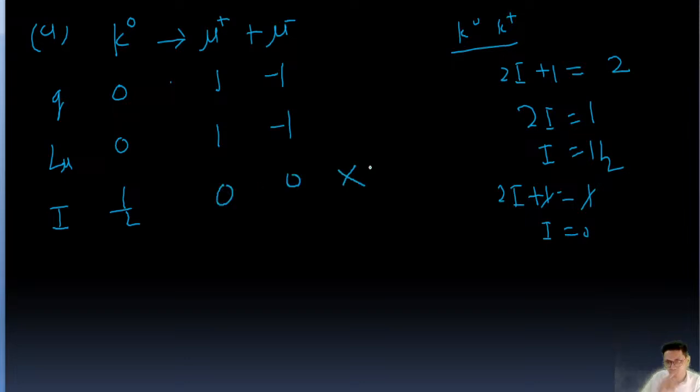Now we'll check I3. Because there are two elements of kaon, K naught and K plus, the value of I is 1 by 2, so the two I3 values are minus 1 by 2 and 1 by 2.